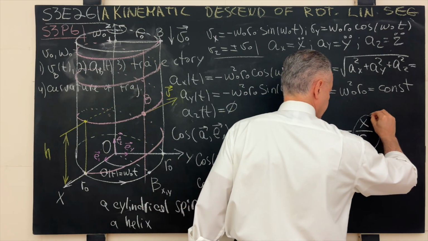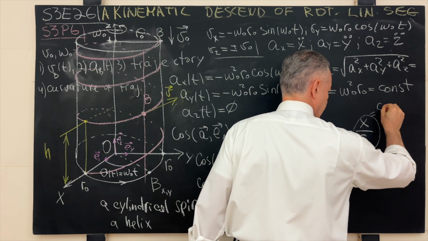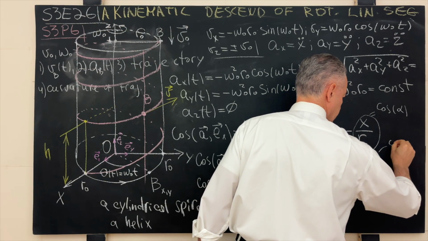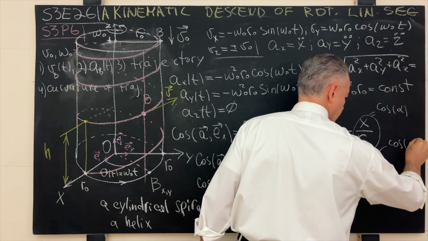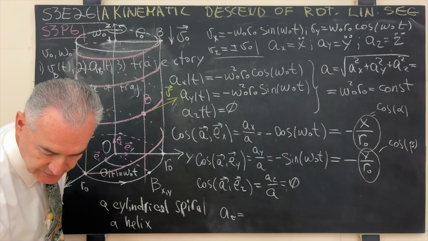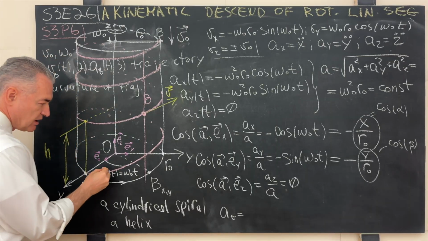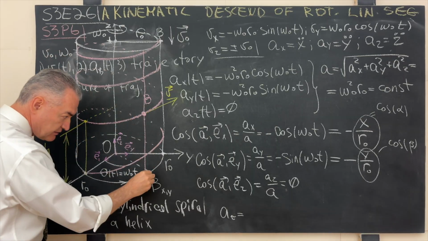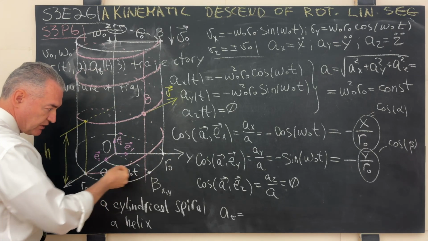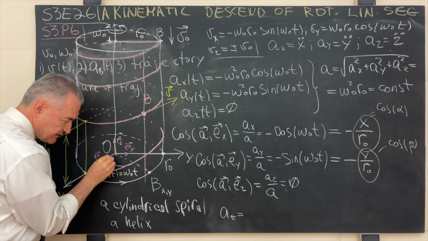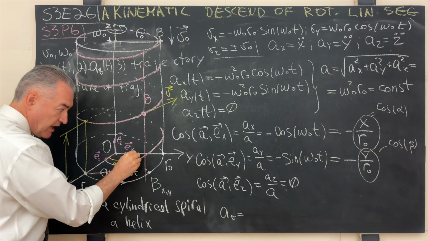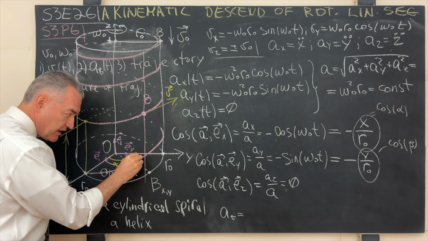Well, this is, if you will, the direction cosine. This is cosine of alpha, let's say, and this will be the cosine of beta, let's say. And I will use, okay, let's say yellow chalk. You see, if we project the point where we captured it at the moment onto the x-y plane, this will be the angle alpha. See, this way. And this will be the angle beta.